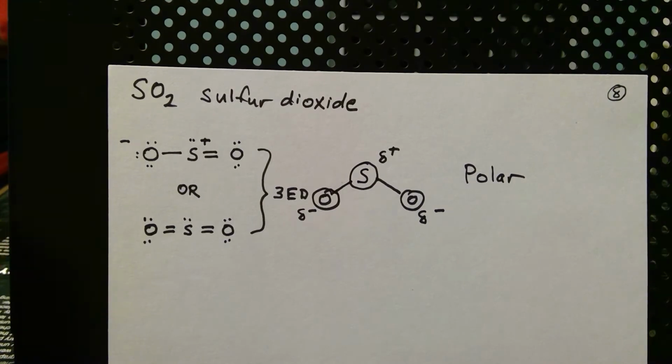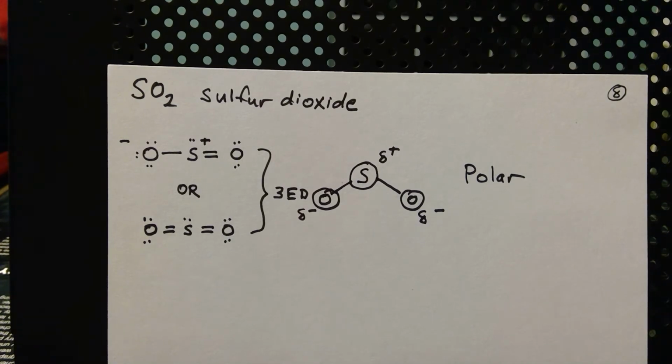Now, here's some good news. If you get your electronegativities wrong, it still works. Because if you accidentally said, well, sulfur should be more electronegative and oxygen less electronegative, which is not true, but if you did that, you would just have partial negatives at the top and partial positive at the bottom.